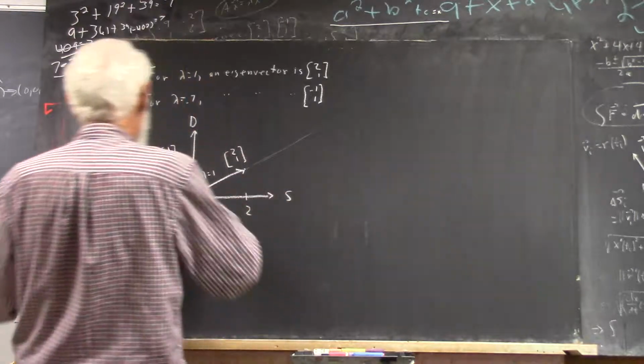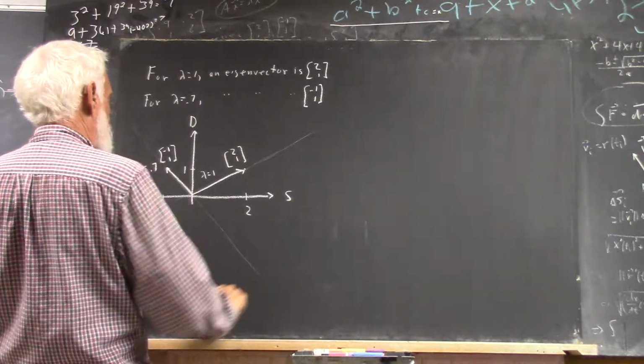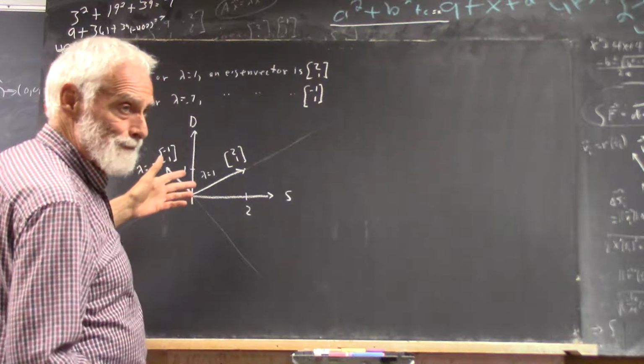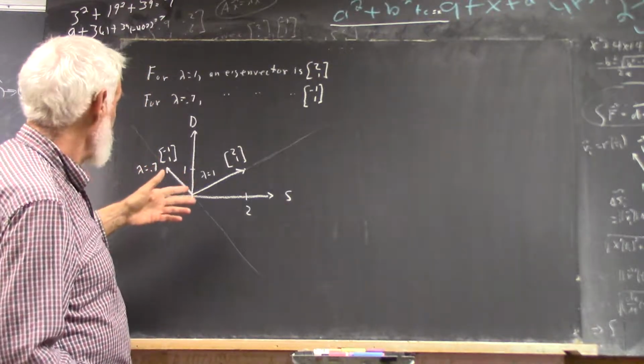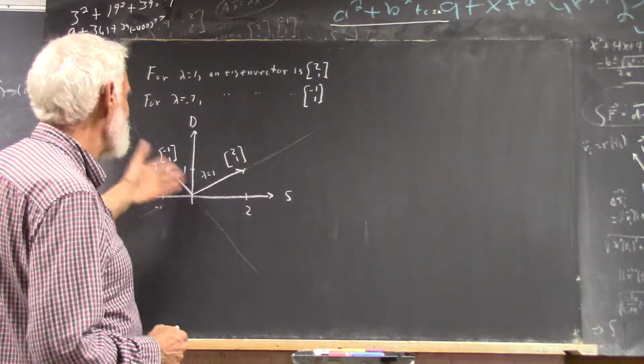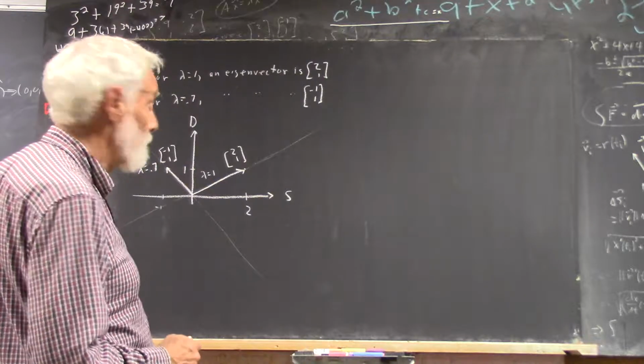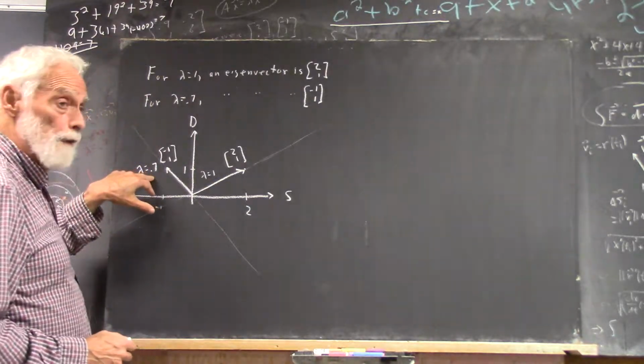this line here forever. All the way along this line, any vector that lies along this line at 45 degrees to the negative x-axis, in the second or fourth quadrant, 45 degrees to the coordinate axes, you have an eigenvector of 0.7.